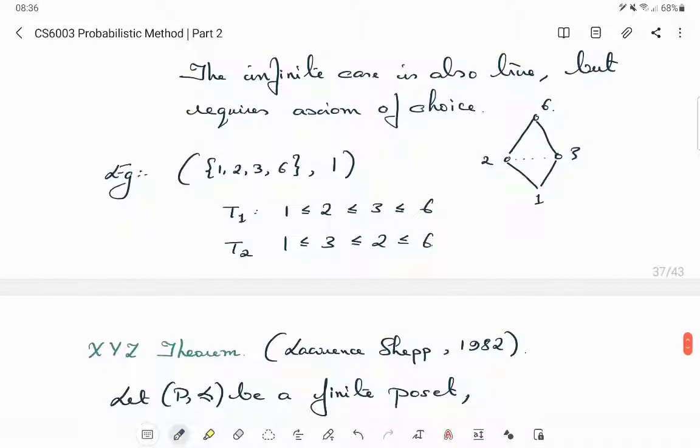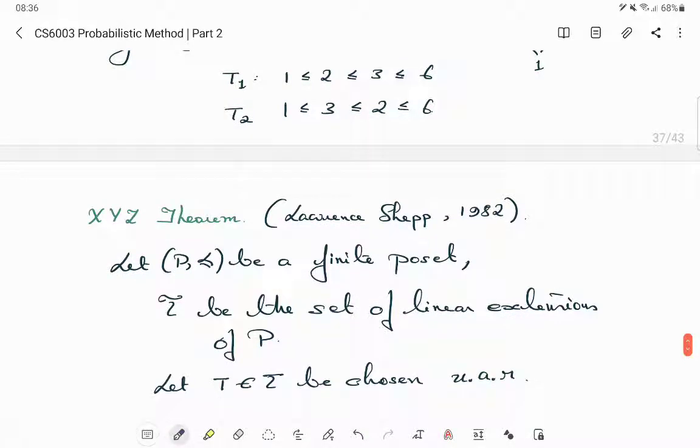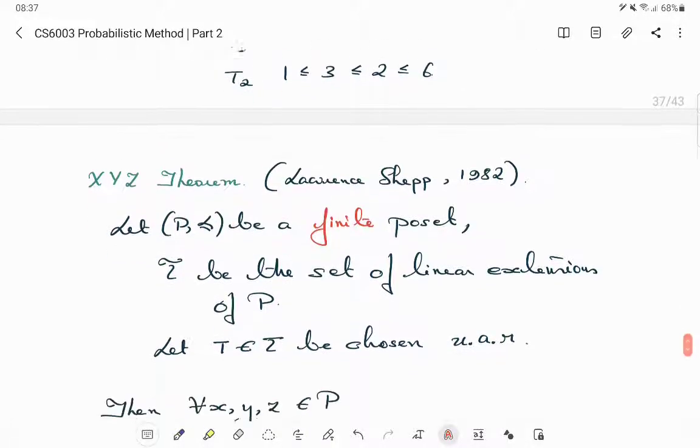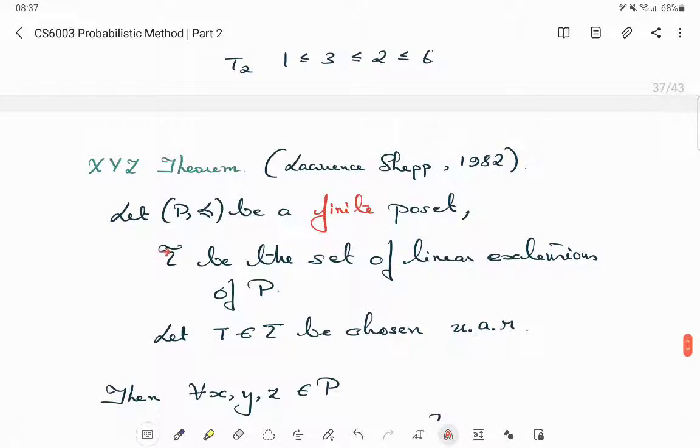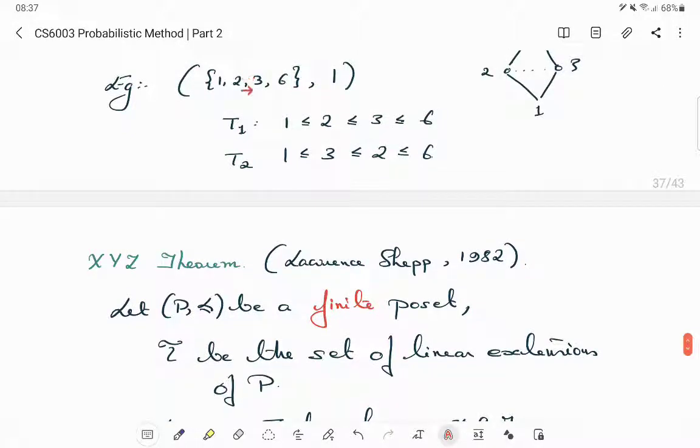Now we are ready to state the XYZ theorem. It was conjectured a year earlier by Rival and proved by Lawrence Shepp in 1982. Let P denote a finite poset, and let tau denote the set of all linear extensions of P. In this case, tau would consist of both T1 and T2.